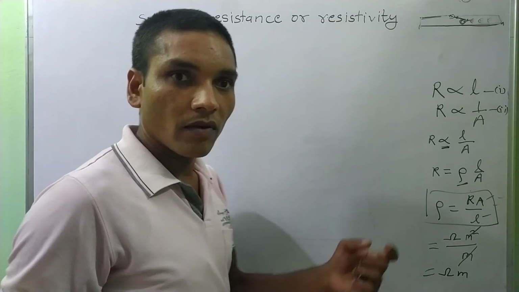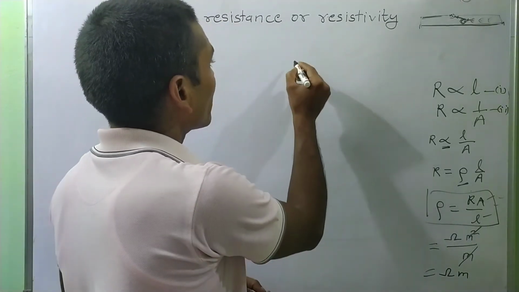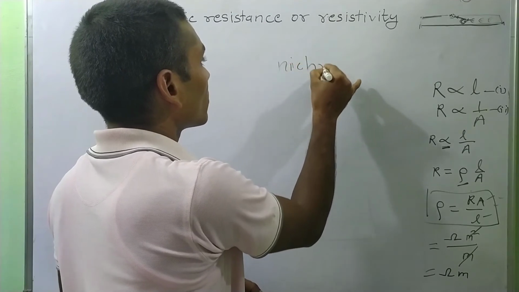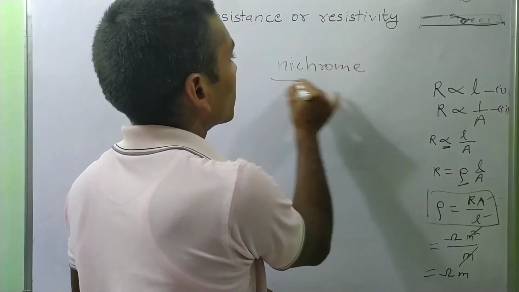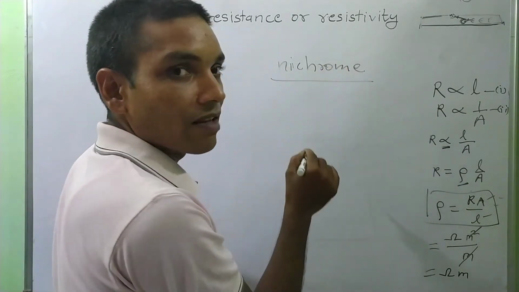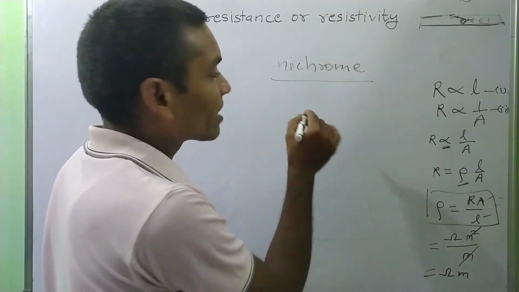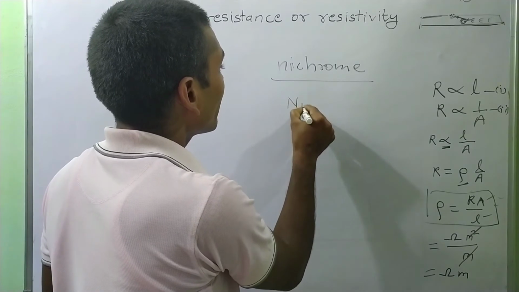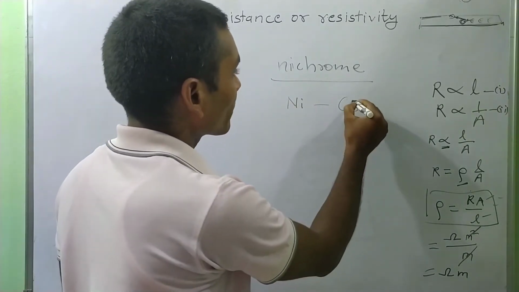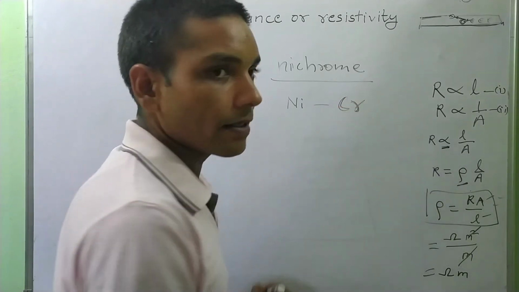Let us consider nichrome. The constituent metals are nickel and chromium.